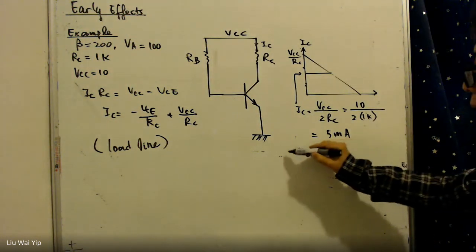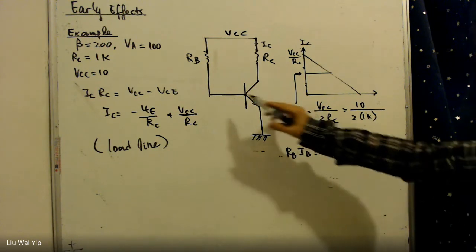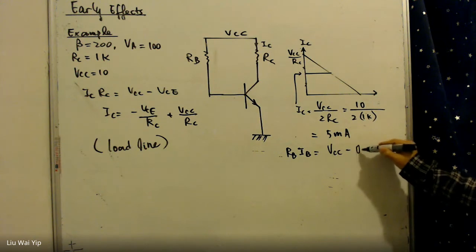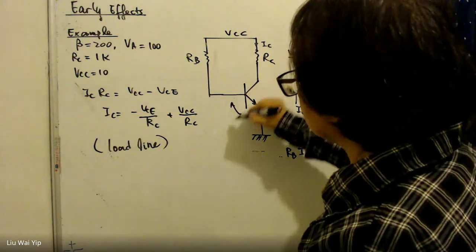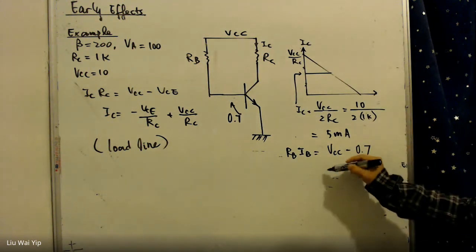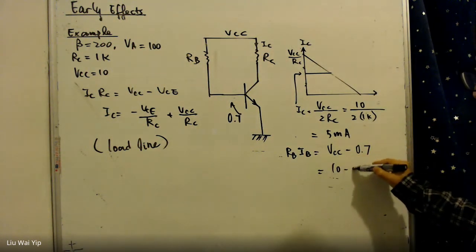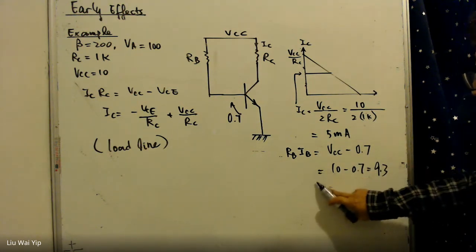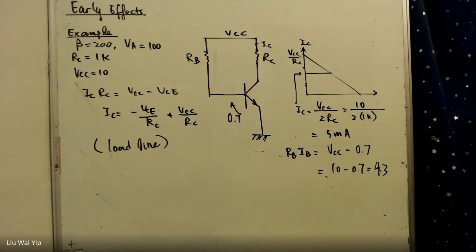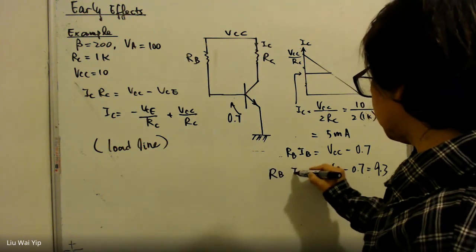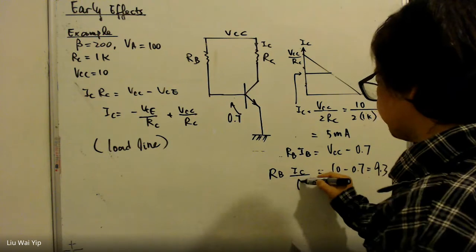So IB is equal to VCC minus 0.7. Remember, this voltage is 0.7. So 10 minus 0.7, this is 9.3. And RB, we don't know, but we know IB is equal to IC over beta.